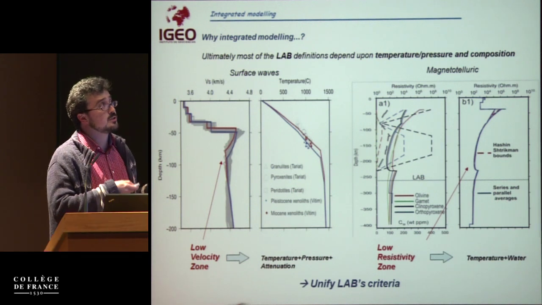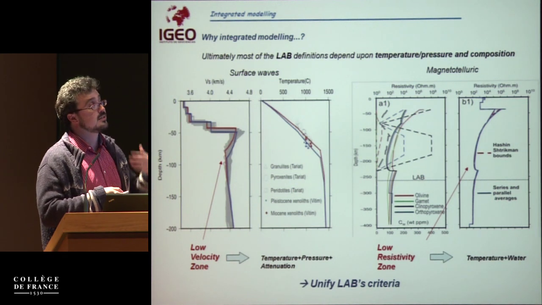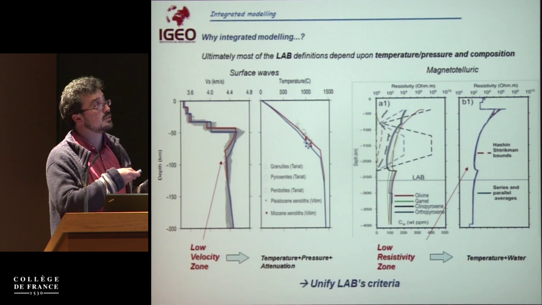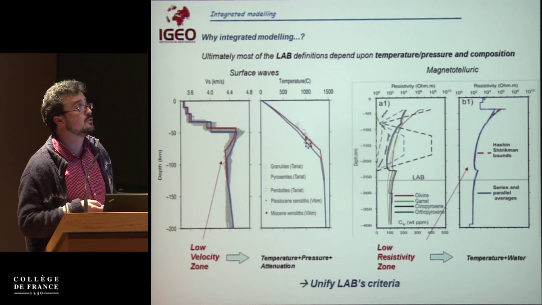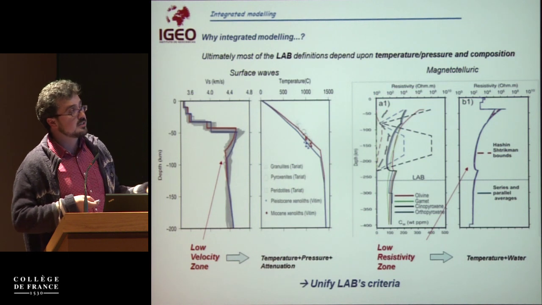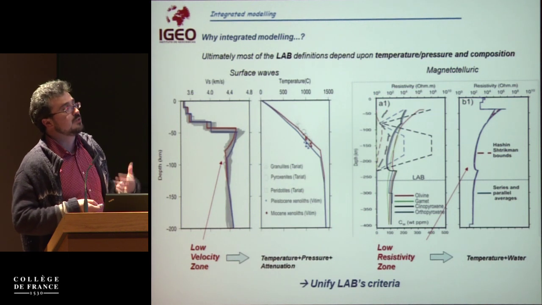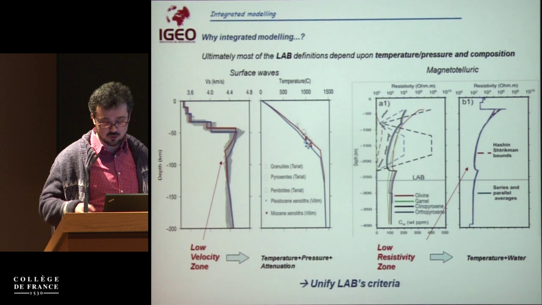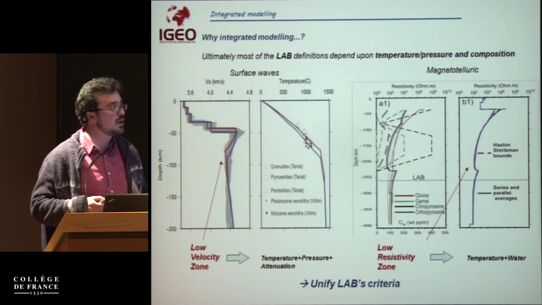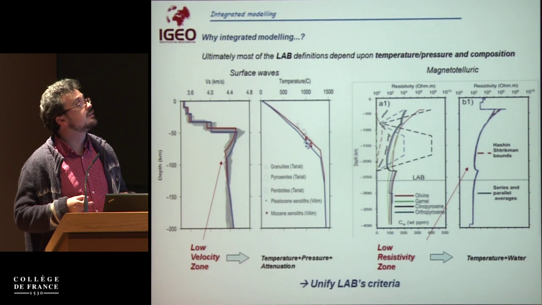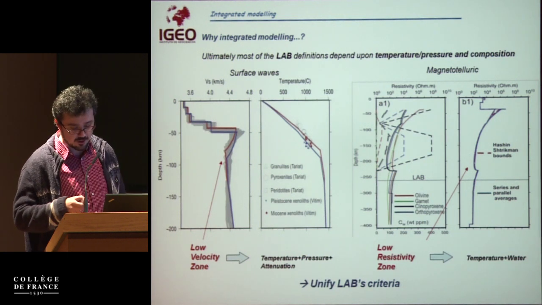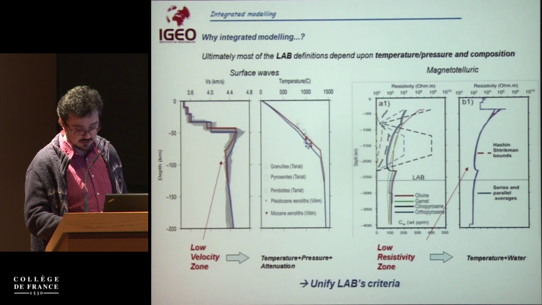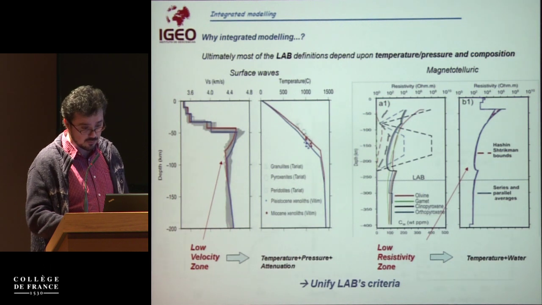But in this case, it's just the result of the temperature variation plus, as Anne has shown before, the water content distribution with depth that changes dramatically the electrical conductivity of the minerals. So in this case, electrical LAB can be related to temperature and water. What I'm trying to say is that perhaps using these global or integrated approaches, we can unify LAB criteria, which I think is surely a useful thing to do.